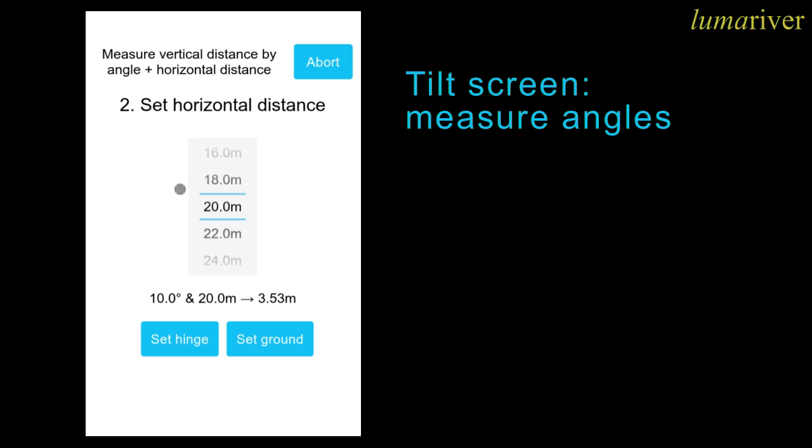In this simulator the angle gets hard-coded to 10 degrees just for demonstration. Then we get this distance scroller to manually set the horizontal distance, which you could measure with a rangefinder. Finally you choose if the resulting vertical measurement should be applied to the hinge distance or to the ground distance. We set the hinge distance here.